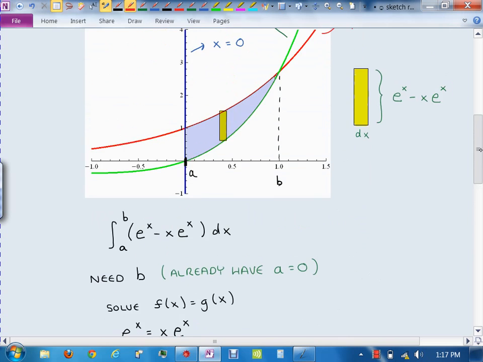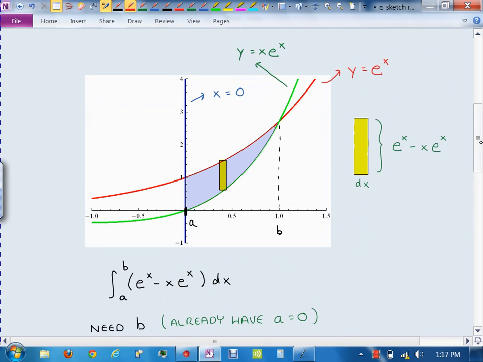Let's go back and look at this picture. Why would I not do rectangles the other way? Like, what if I had this rectangle right here? I have a function to the right, don't I? What's the function to the left? 0. That's okay. I have a top and a bottom.